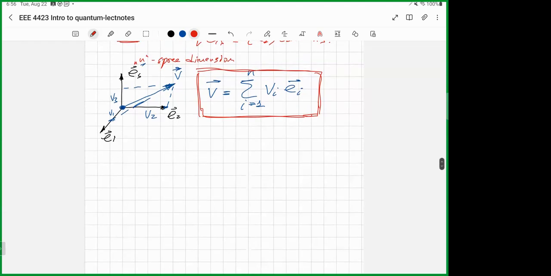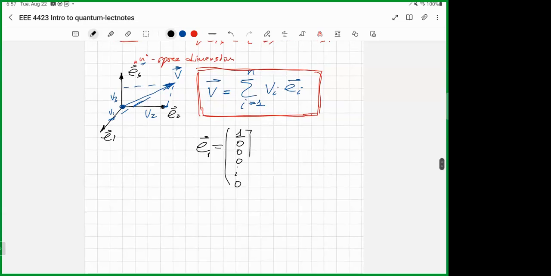So speaking about these basis vectors, we can still write them as columns. For example, E1 would be a column of 1 and then all zeros, down to the nth element. So this would be a column like this.